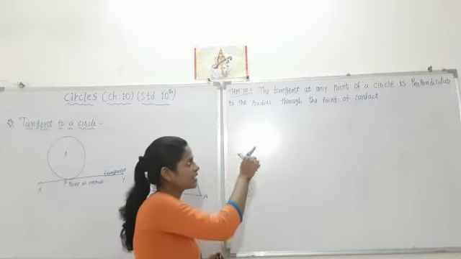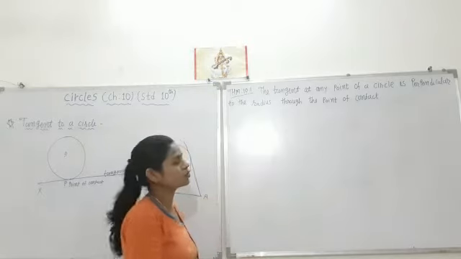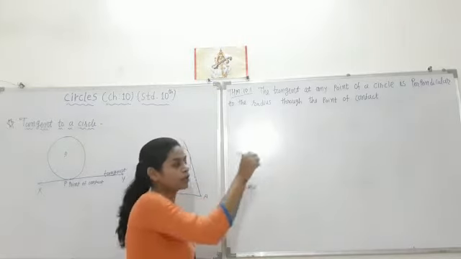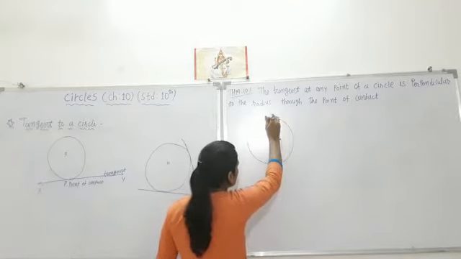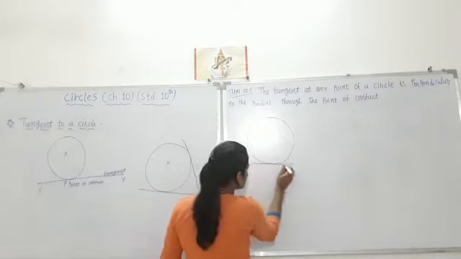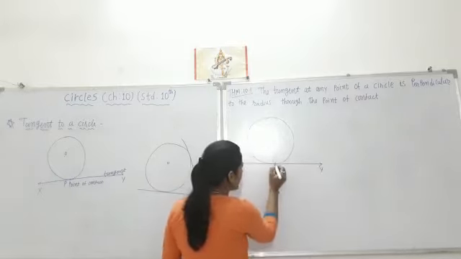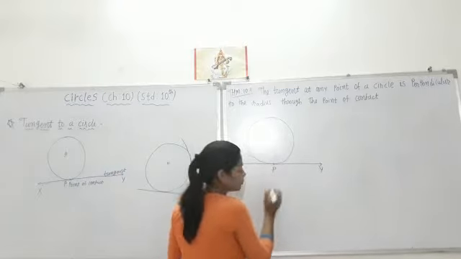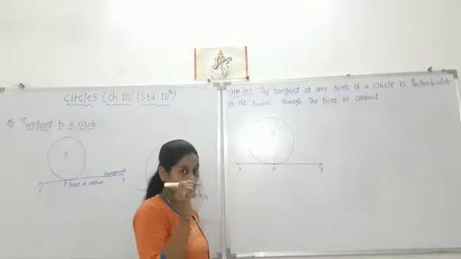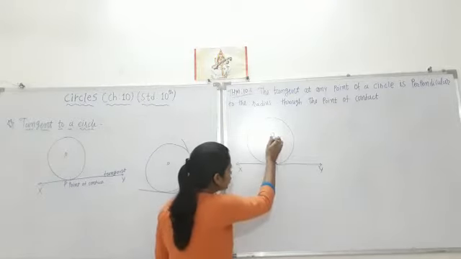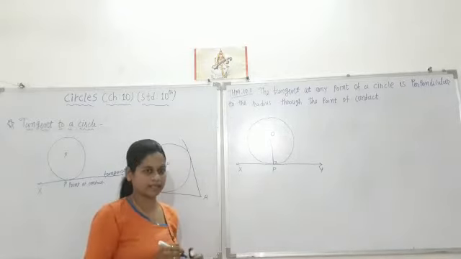This is your circle, this is your tangent, suppose I say this is XY, and this is its point of contact, suppose P, and this is your center O. So you want to prove that this OP is perpendicular to XY.